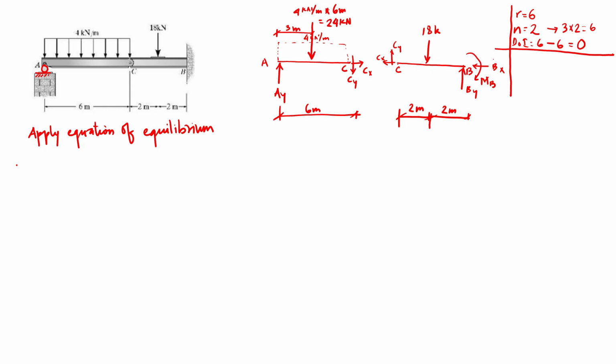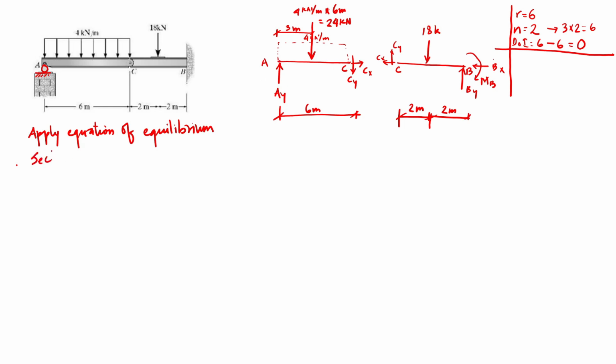There's no vertical or horizontal external load, so CX will be 0, but then moment at B and the vertical shear force at CY, these are 2 unknowns. So there will be 2 unknowns, 1 equilibrium equation, so we cannot solve this from CB. Same case if we take moment about C equal to 0, these both forces will be cancelled out, BX is 0, but then there will still be 2 unknown forces. So it's better if we start from AC in this problem.